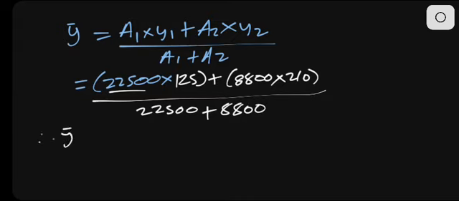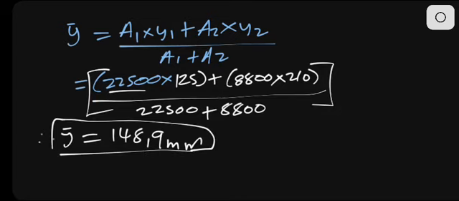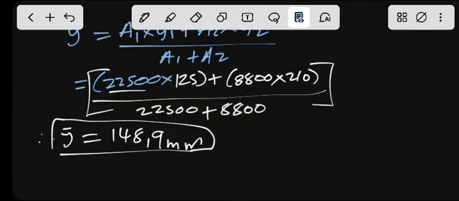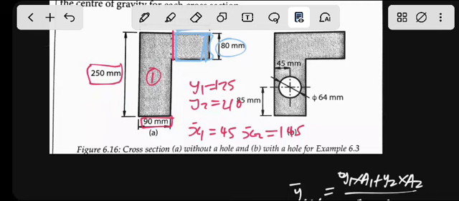Therefore our y bar, by punching that, we obtain 148.9 millimeter. So this is what we have. Okay, if you want, you can use meters, it's up to you. So this is what we have for object 1.